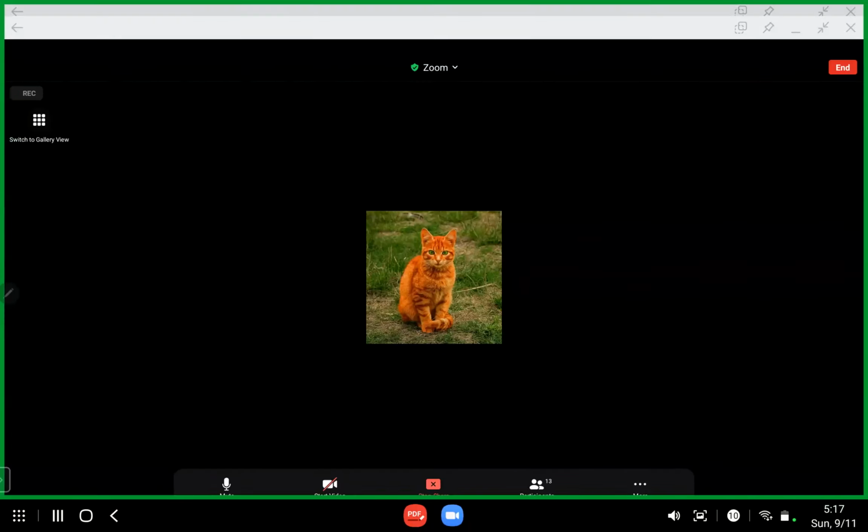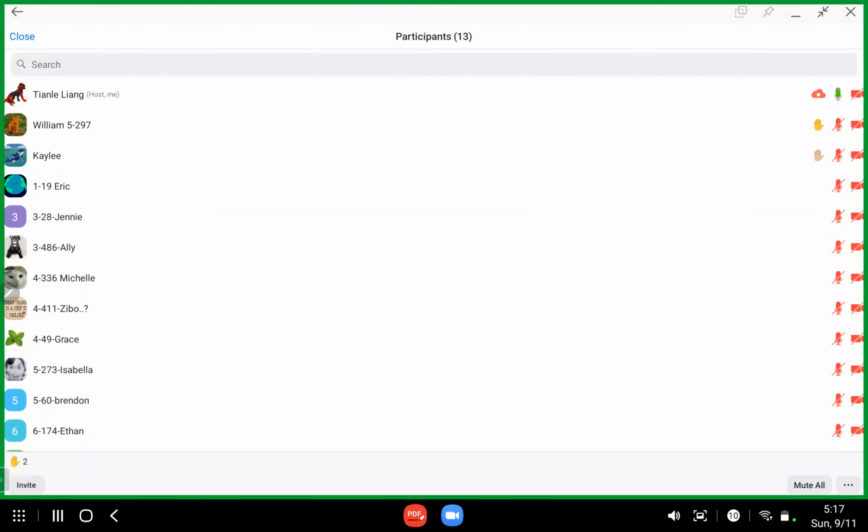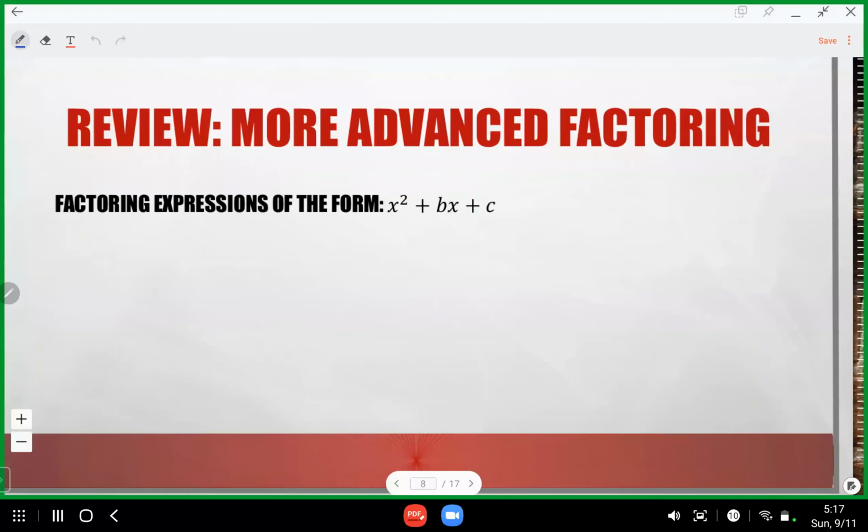Okay, any volunteers? Let's see, Kaylee. How are you supposed to factor x squared plus bx plus c? First, if you can't factor it, you look at c and you recognize all the factors of it in factor pairs.